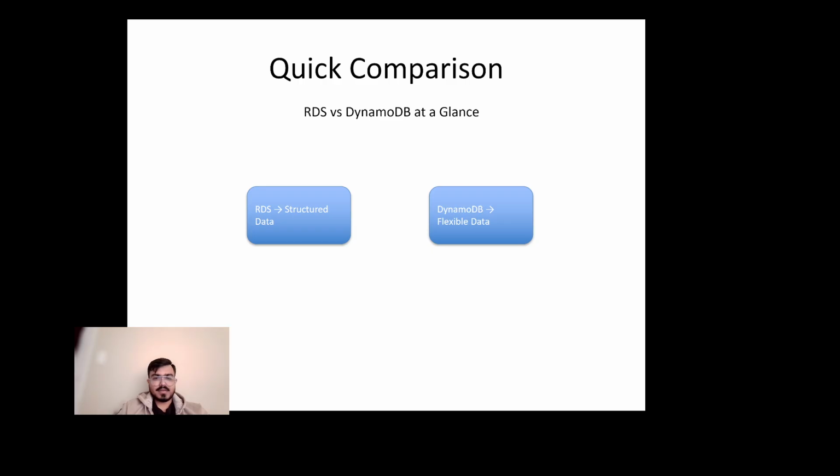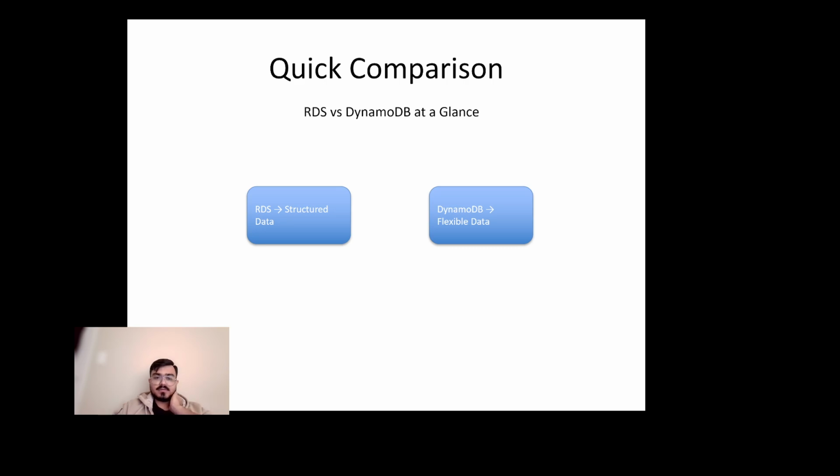So you can see that quick comparison, when to use which one. Here's a simple way to decide. If your data is structured and has a clear relationship, like student courses or orders, use RDS.